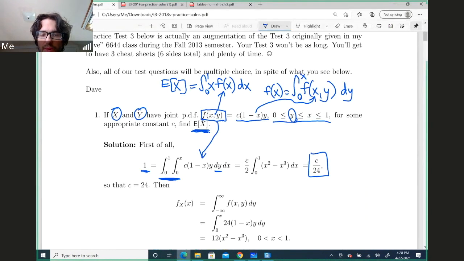So now that we know what the value of c is, we can actually do this next integral, where we calculate the marginal probability density function f of x.